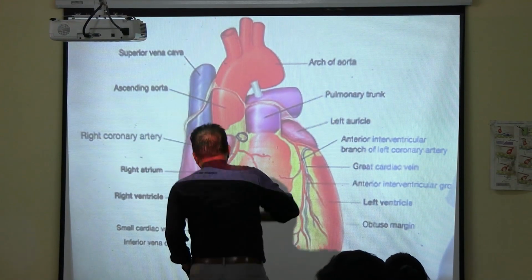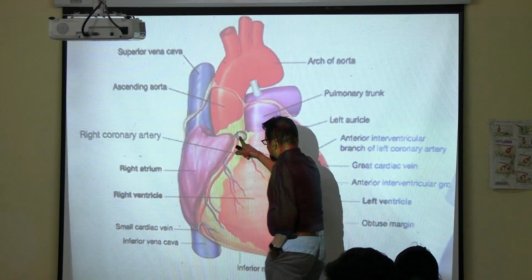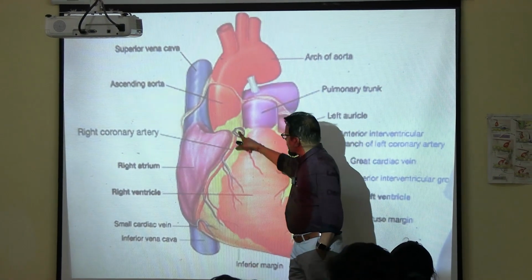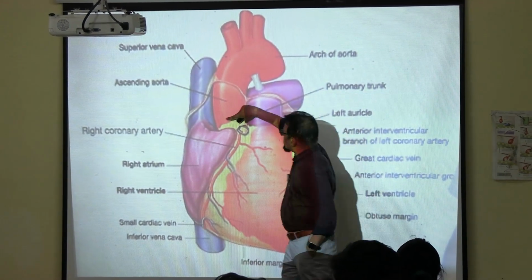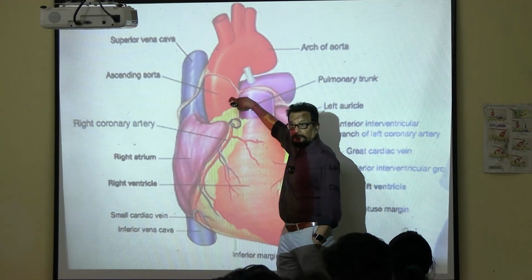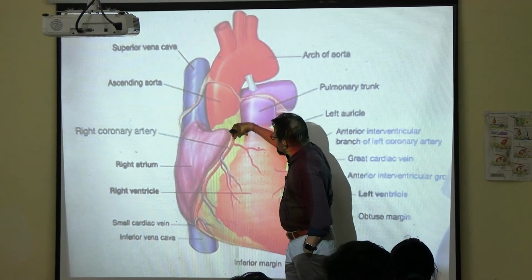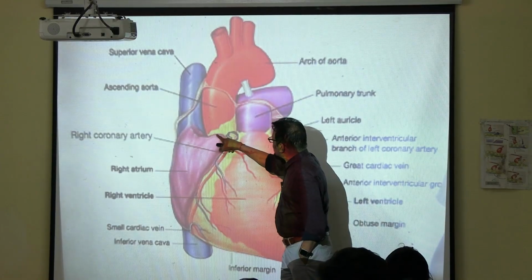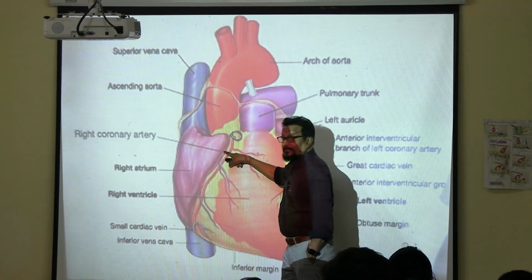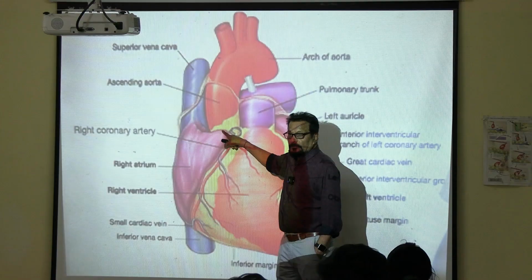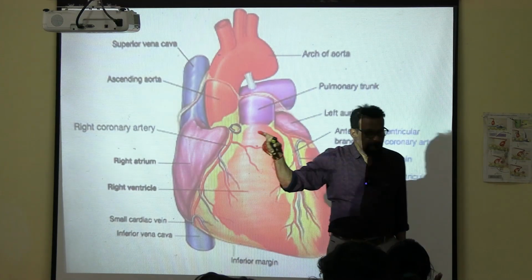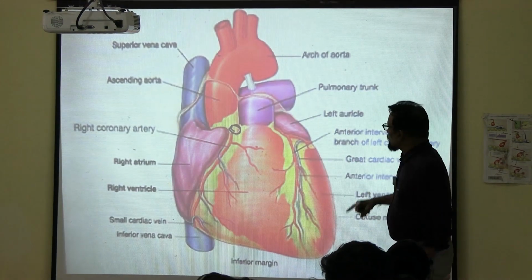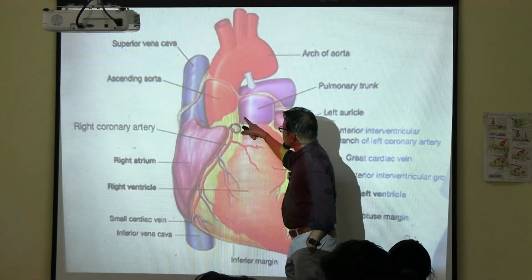So first, start with this. This is the right coronary artery. This is the root of the aorta. From here it originates and passes between the auricle and the pulmonary trunk. This is the auricle, and this is the pulmonary trunk.